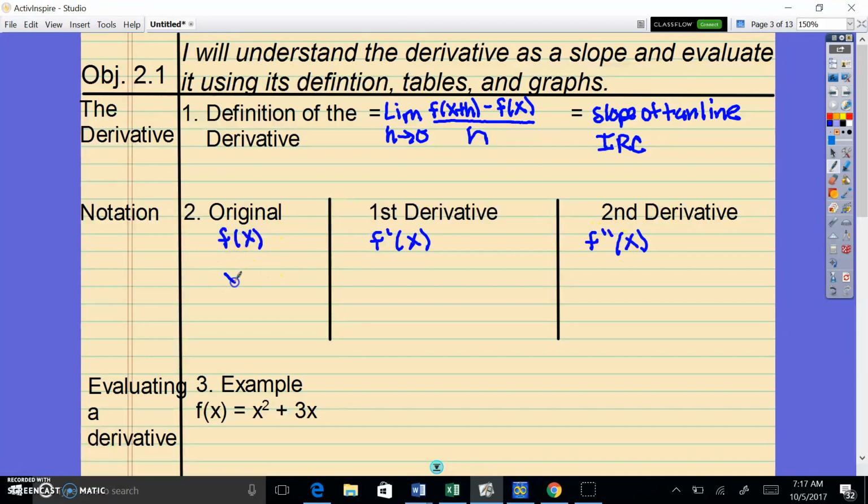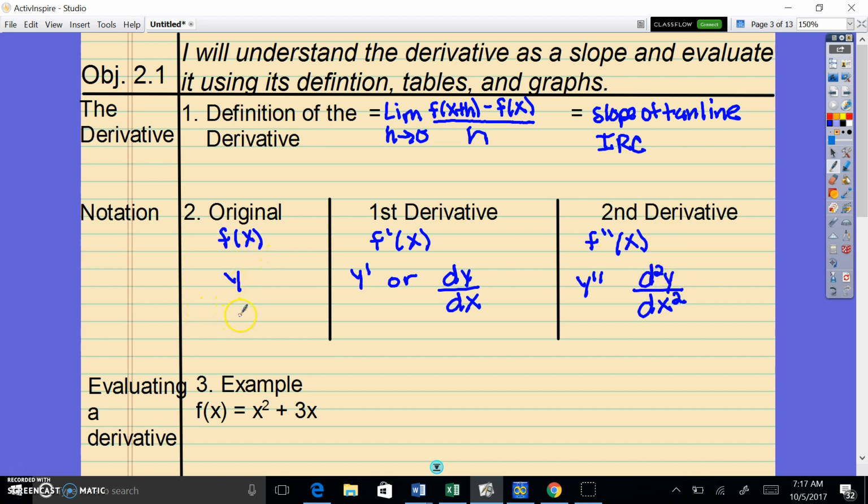Now, if we call the function y, instead of f of x, you could use y prime, or you could use dy dx. And this just means the derivative of y in terms of x. For the second derivative, you can use two apostrophes, or you can use this notation, which seems like it means the derivative squared, but it's not the derivative squared. It is the second derivative. That's what it stands for.